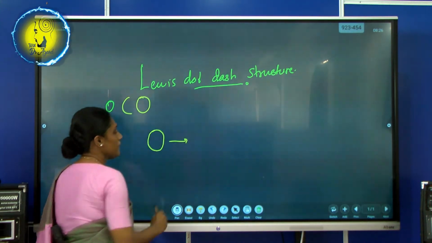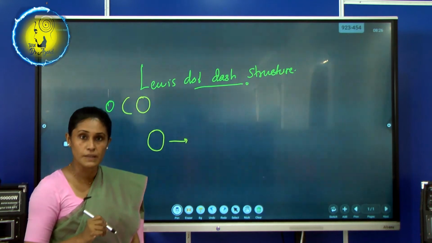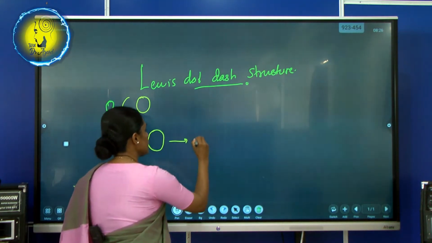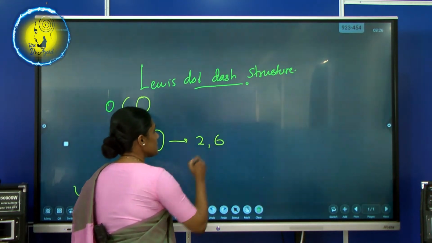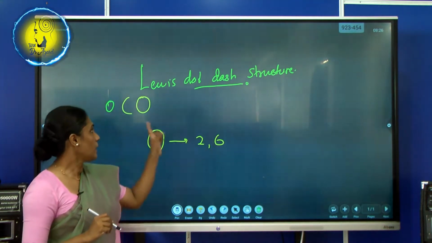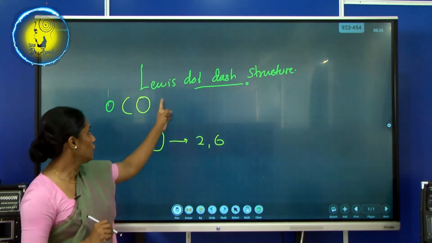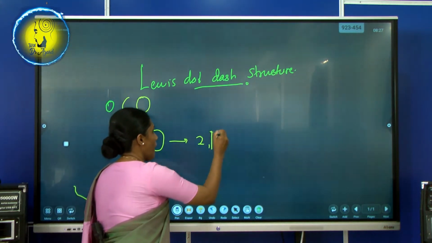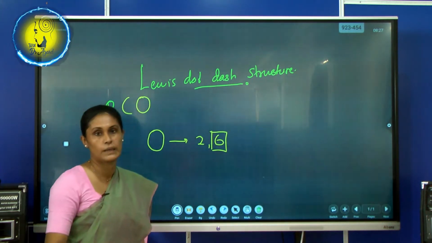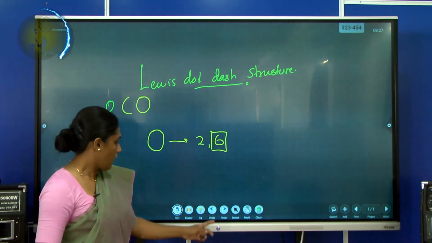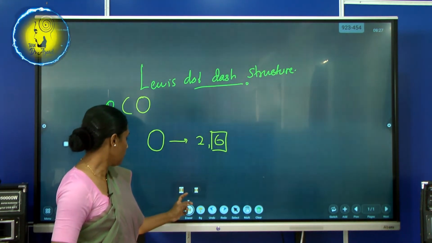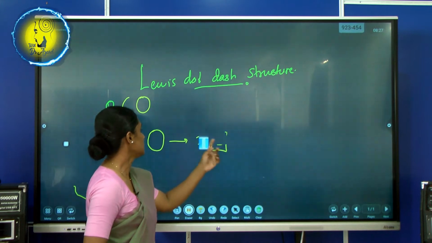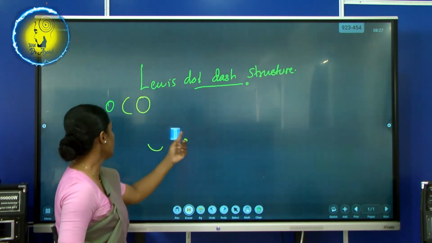How did you write the electronic configuration? You wrote 2 and 6. So to draw this Lewis dot-dash structure, we use the outermost electrons only, right? Now here we go. Let's see how to draw this.